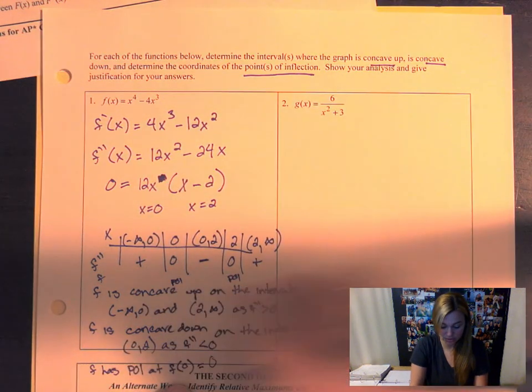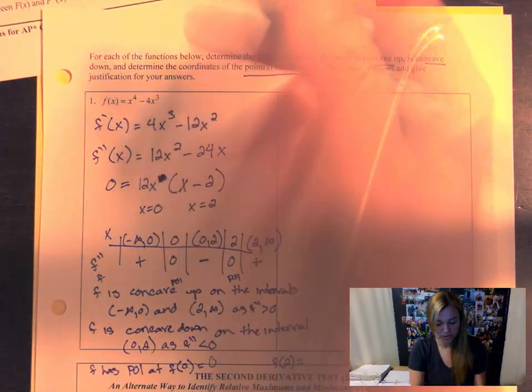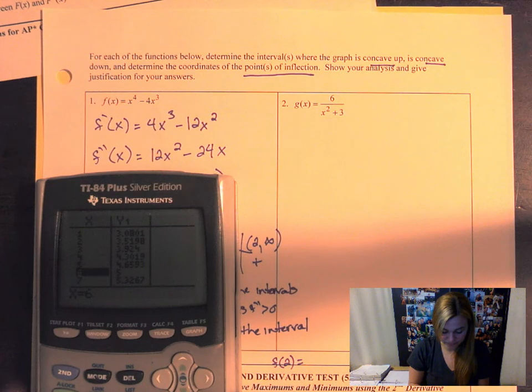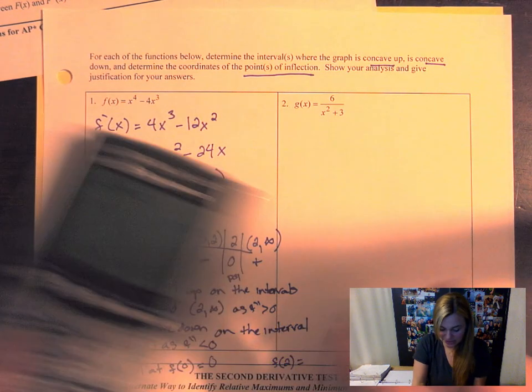would be 0. F of 2, 2 to the 4th minus 4 times 2 to the 3rd. I could have figured this out already in my head, but that's okay, is negative 16.